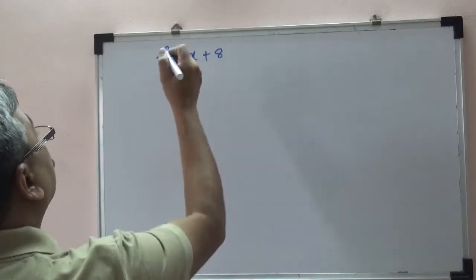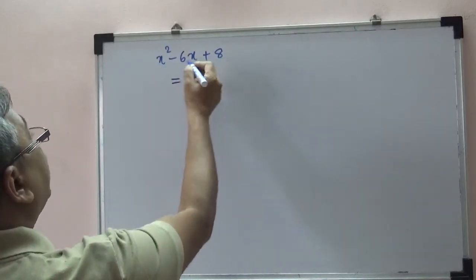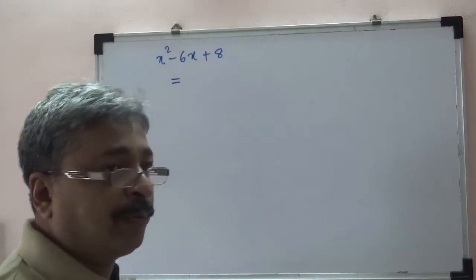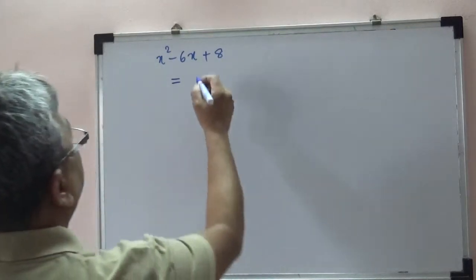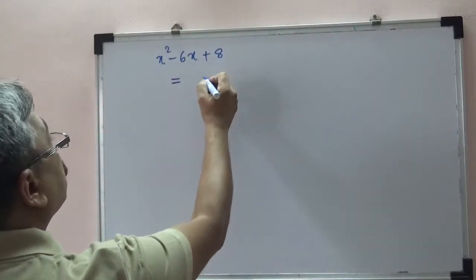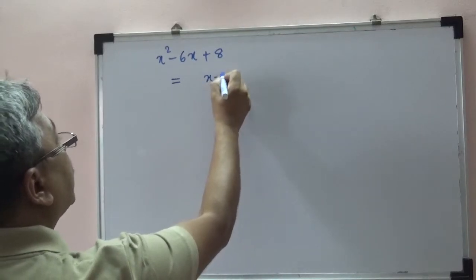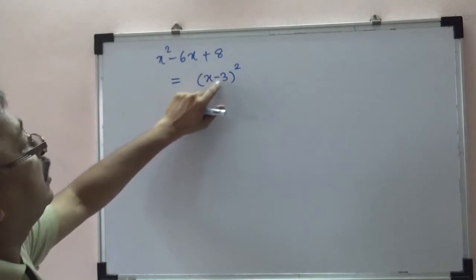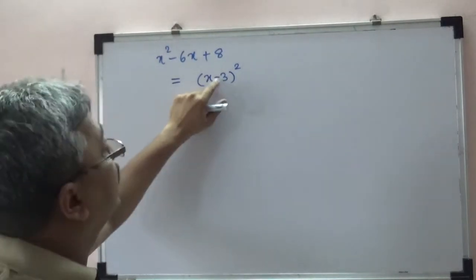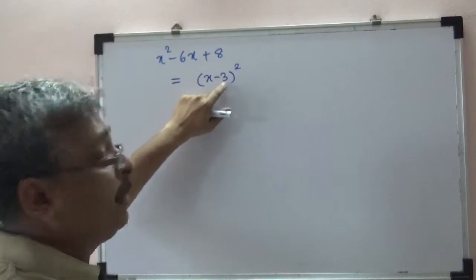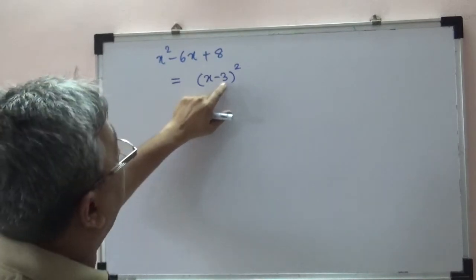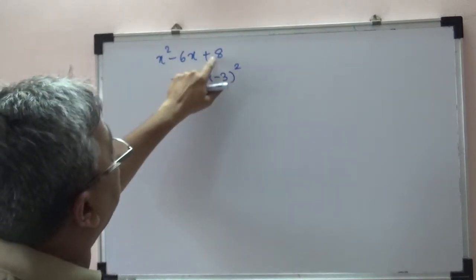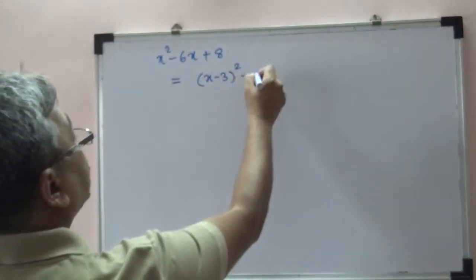Here we observe the first term and second term, x square minus 6x. Because these numbers are small, we understand that if we write (x minus 3) whole square, the first term will be x square, the second term will be minus 6x, and the third term will be plus 9. We have only plus 8, therefore we subtract 1.